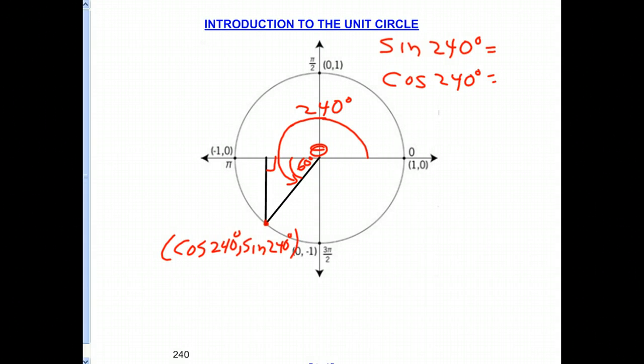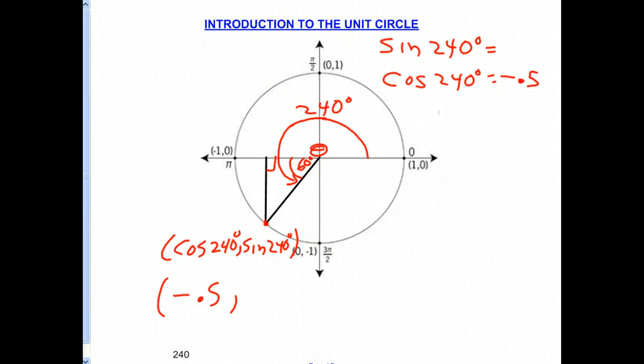And in order to find that, we use the reference angle, and the cosine of 60, once again, is a half, but in the third quadrant, it's negative. And therefore, the cosine of 240 is equal to the same thing as the cosine of 60, and therefore it's got to be negative 1/2.